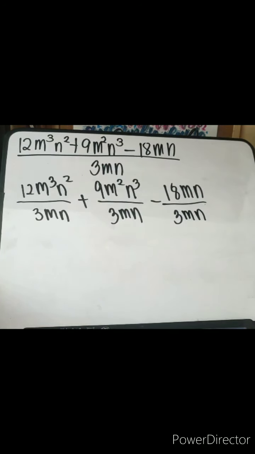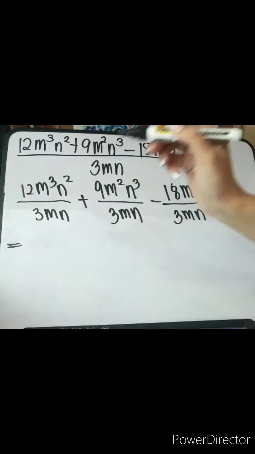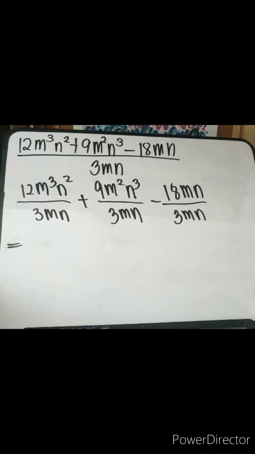Yan po yung ibig sabihin nun. That's why we will need to divide all terms by our divisor, which is this time a monomial. So, let's divide the numerical coefficient sa pag-apply ng division of integers. Pagdating naman sa variable, we will be subtracting their exponent dun sa kapareho niyang variable.